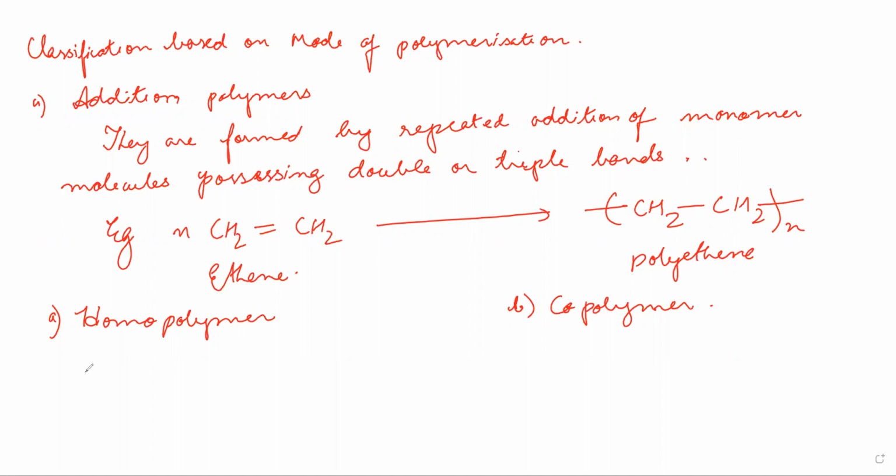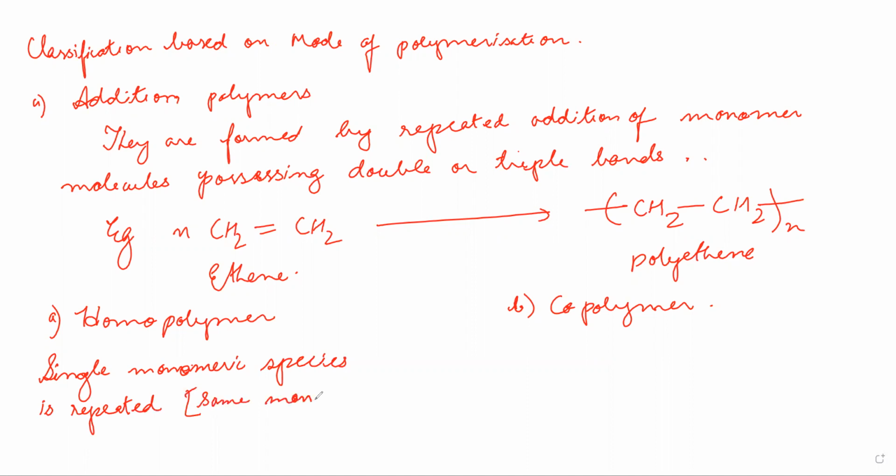This means polyethylene, ethene, n times. The same single monomeric species is repeated. In simple words, same monomer is repeated.